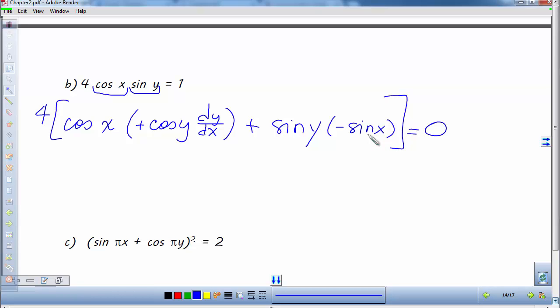Okay, our goal is to basically get dy/dx on the side by itself. I'll erase that. We didn't need that.